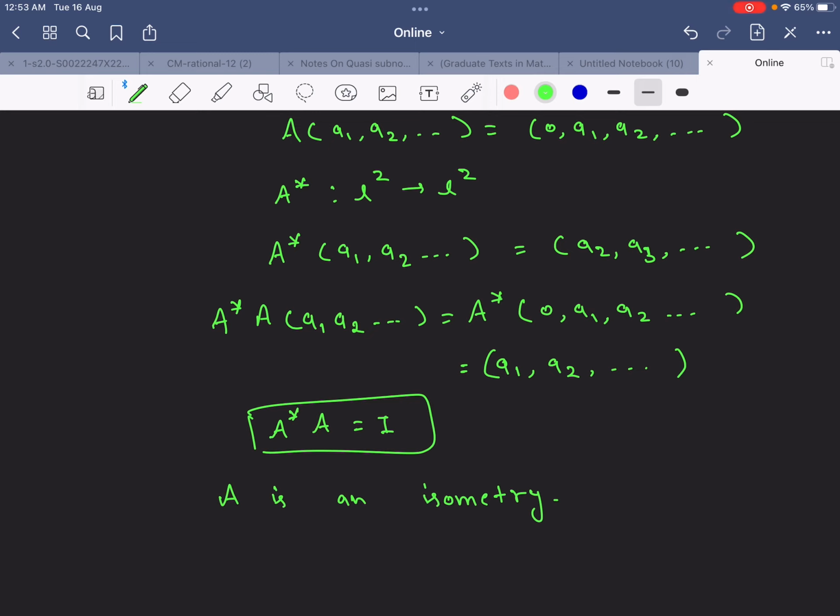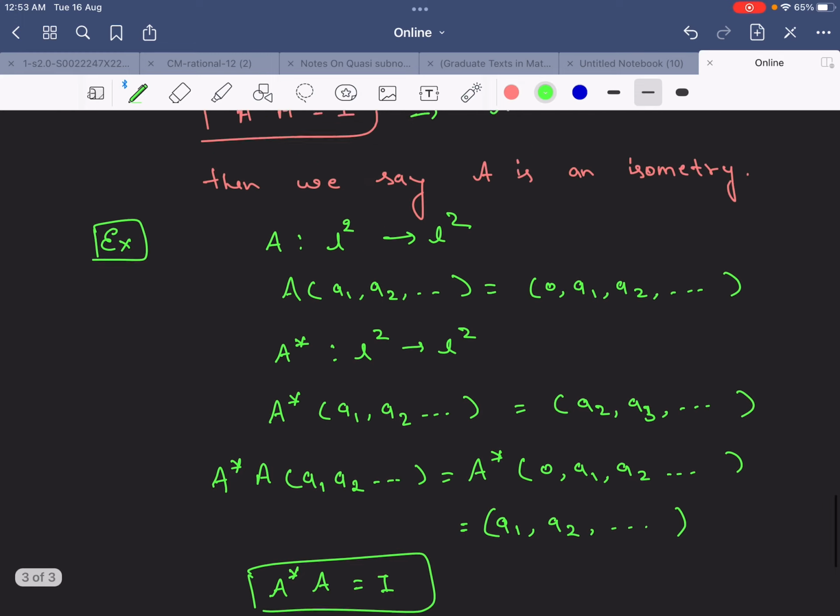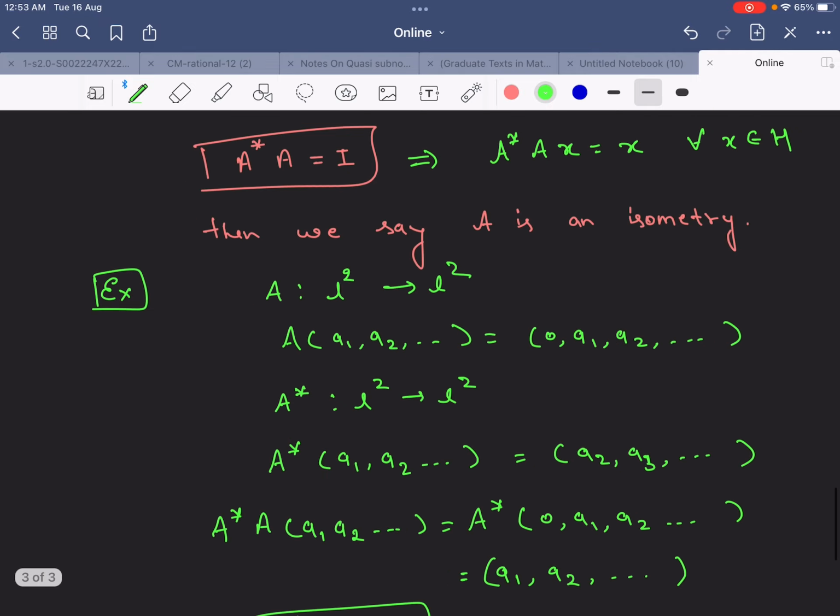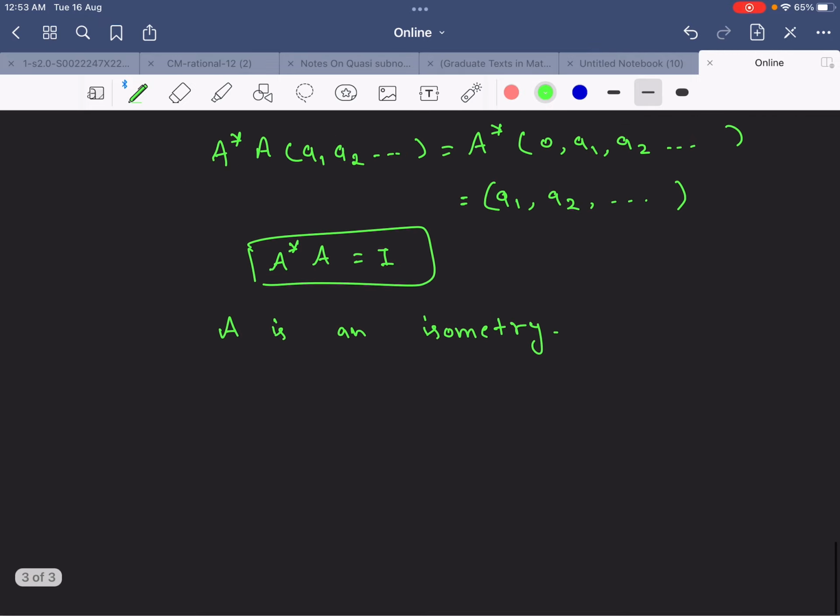Now let us look at some properties of isometry. So one can check that if A is an isometry, then A is one-one. What does that mean? Suppose A is from H to H, then we will show that A is one-one.